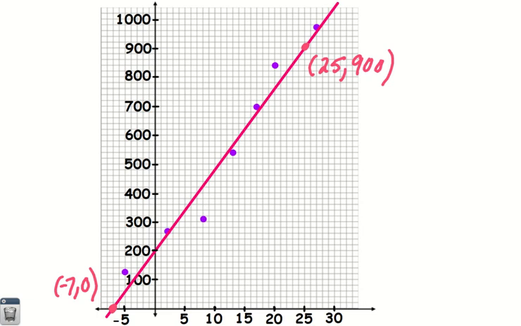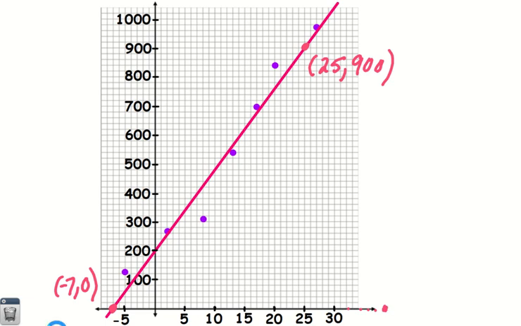So 37 degrees, let's see, 31, 32, 33, 34, 35, 36, 37 would be out here. You could make sure your line extends a little bit more if you had room on your paper, and you could eyeball it, going up and drawing a dot on the line where it would be for 37 degrees.